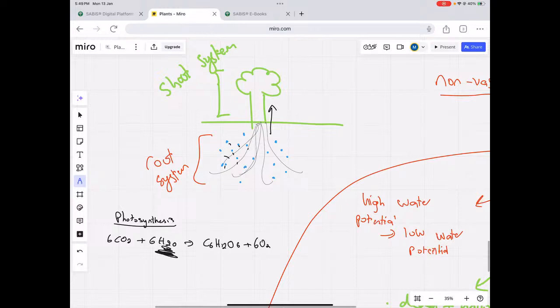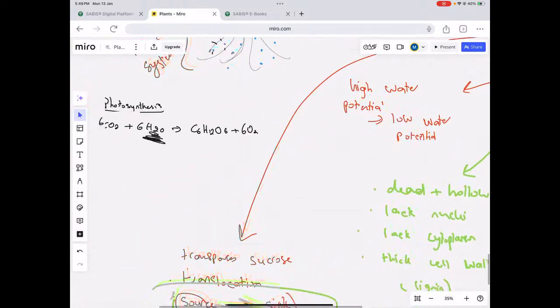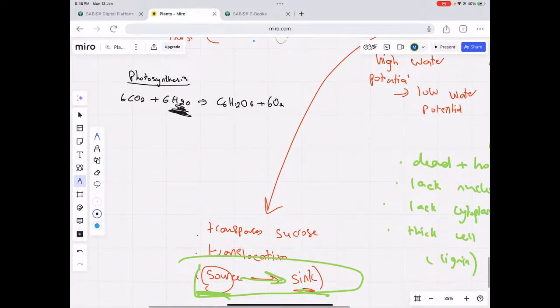If they ask you about the direction of water movement, it's unidirectional, so it only goes in one direction and it goes upwards. However, for the phloem, it's bidirectional, okay? So this is also important to note. For the sucrose, for the phloem, bidirectional movement.